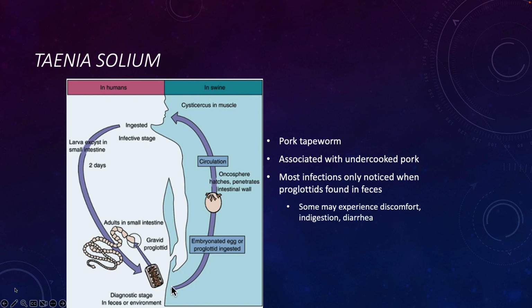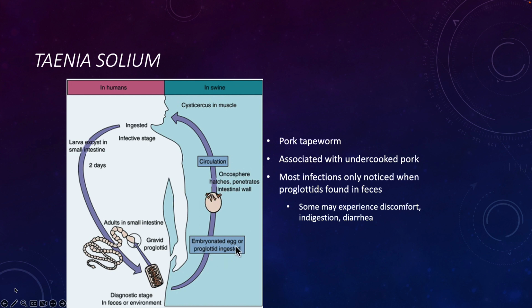So we'll start here with the life cycle. Proglottids are passed in the feces. The proglottids will mature into an embryonated egg, or the proglottid itself can be ingested, let's say by a pig.